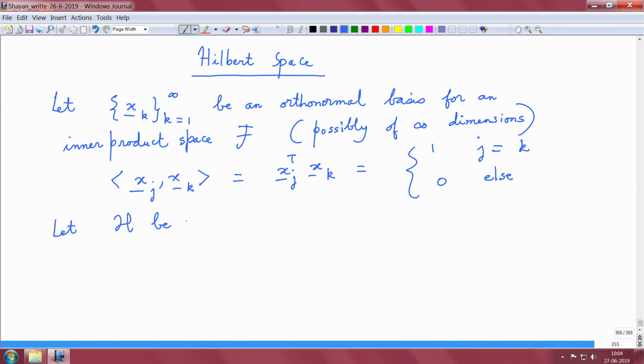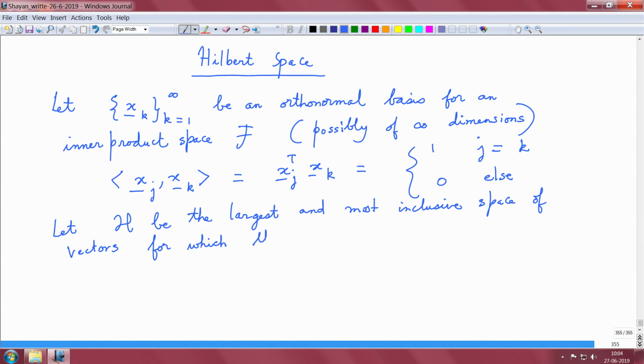Okay. Let H be the largest and most inclusive space of vectors for which the set xk, k equals 1 to infinity, is a basis.